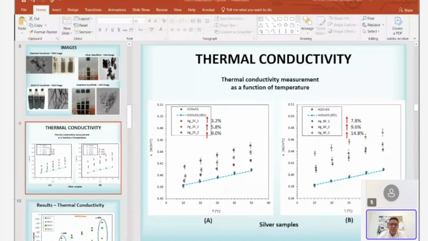Talking a little bit about stability, these are results from our equipment that I showed you before, the spectrophotometer, which measures the absorbance of the fluid. After 30 days, for example, these multi-walled carbon nanotubes reduced just 10% in stability.